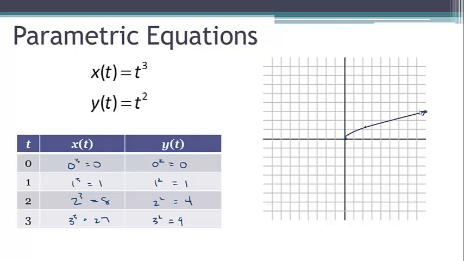Now, if we go back and redo the calculations using negative values for t, the y-coordinates are all going to stay the same, where the x-coordinates just have their sign change. So adding those to the graph gives us this shape.